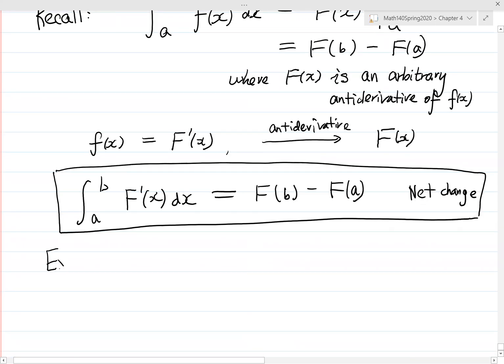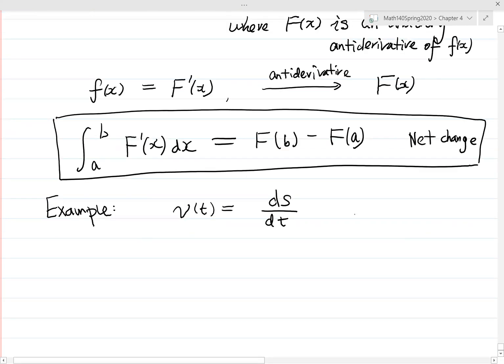Example. Velocity is the rate of change of the position function, ds over dt. Velocity is the rate of change of position with respect to time, the instantaneous velocity.